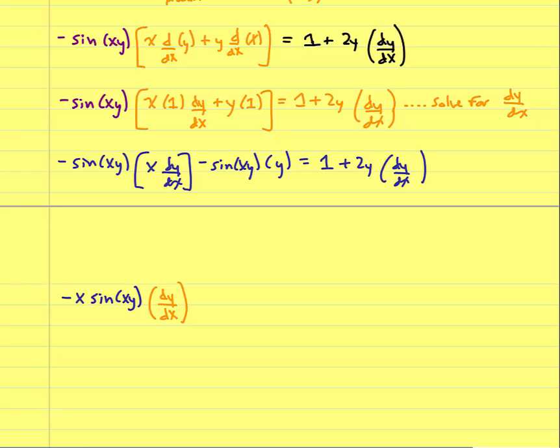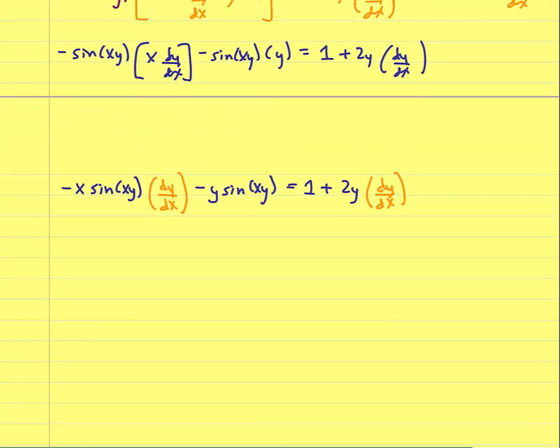Okay, minus, I'm going to pull that y out front, minus y sine(xy) equals 1 plus 2y dy/dx. Now remember, our key here was whenever we took the derivative with respect to a variable other than x, I tacked on that dy/dx.